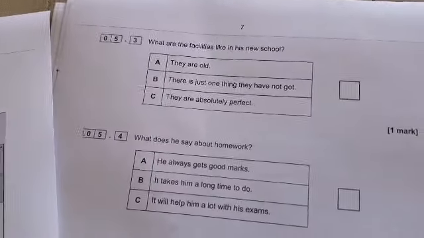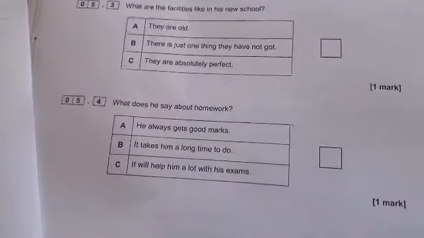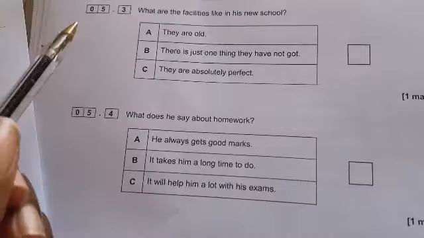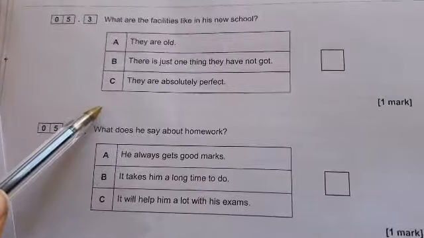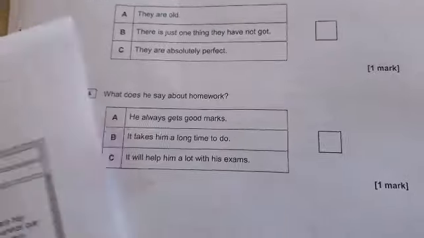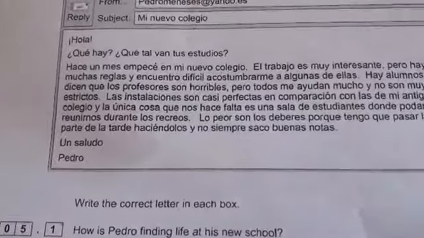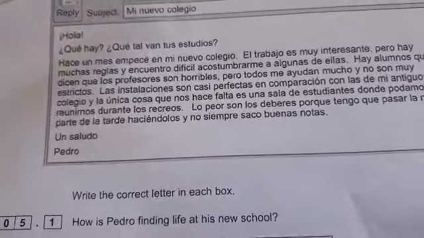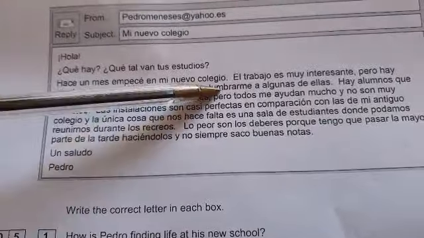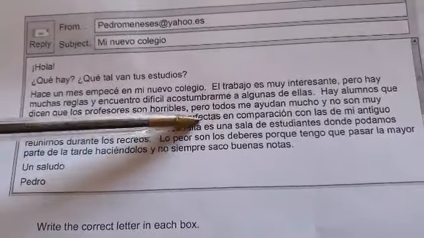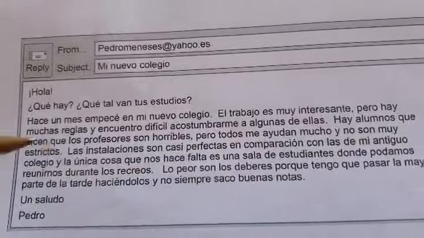So our facilities like his school, he doesn't say that they're old. Let's have a look again. What he said about the old school. Las instalaciones son casi perfectas, almost perfect, in comparison to my old school.